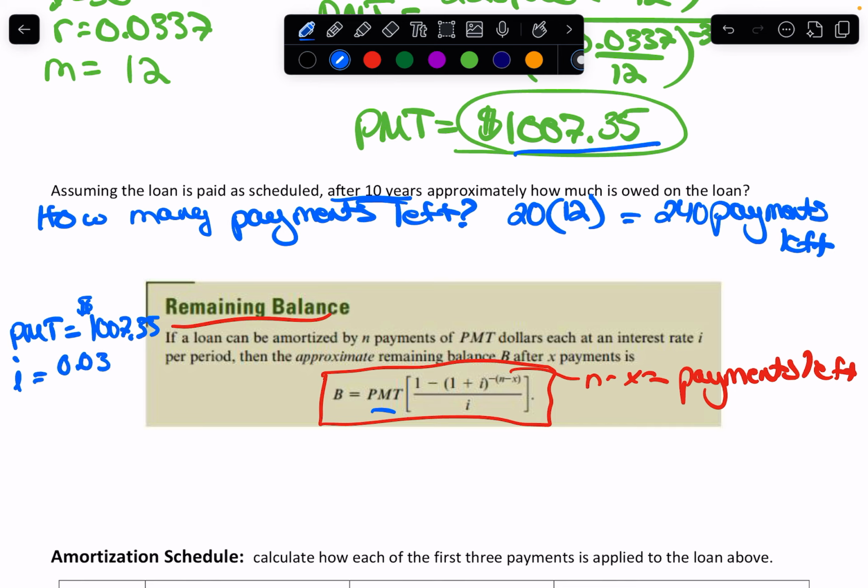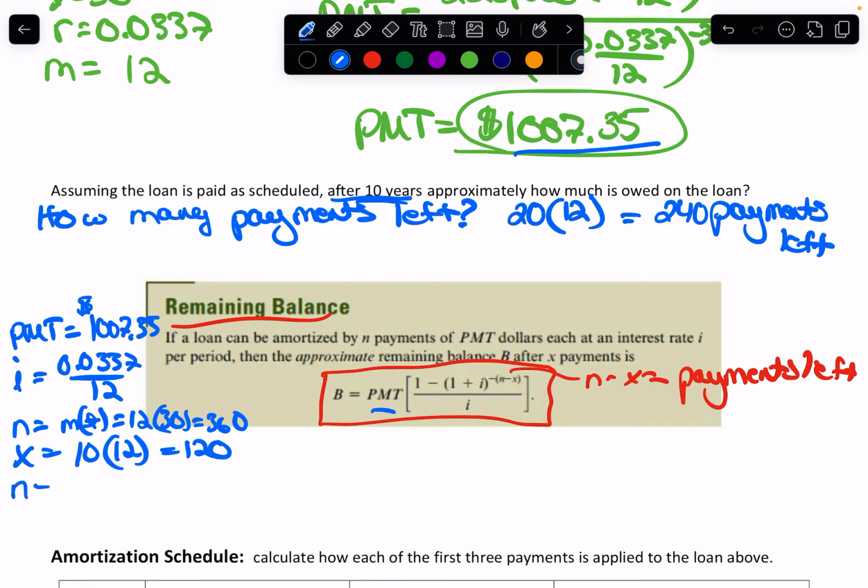That's 0.0337 divided by 12. Our N is still M times T, which was 12 times 30, which is 360. And then our X is 10 times 12, and that is 120. And now N minus X equals 360 minus 120, which is 240, which we already calculated.